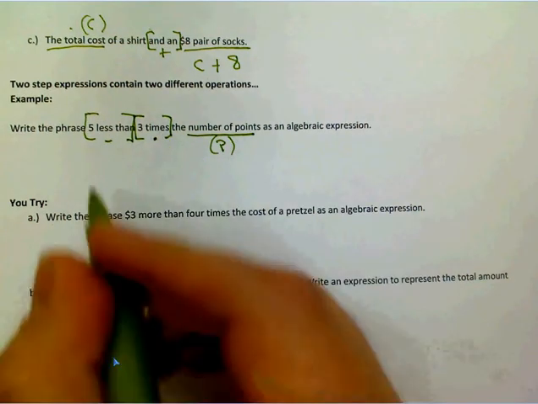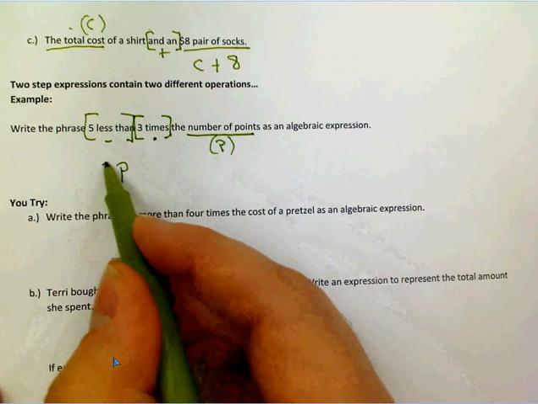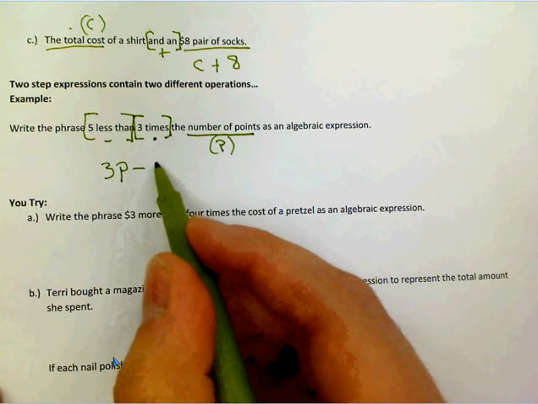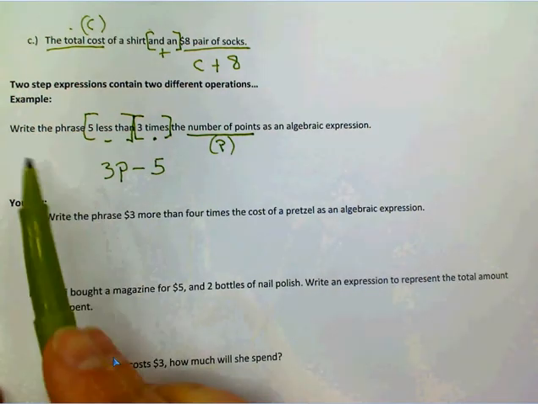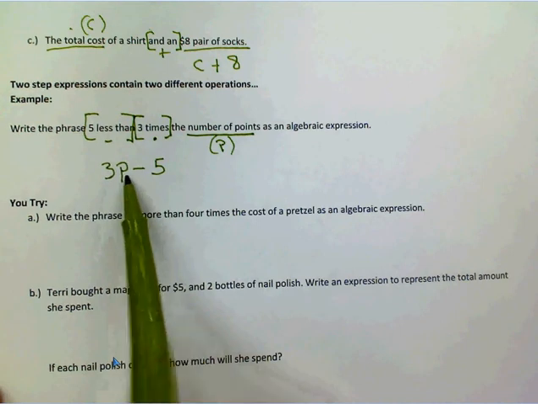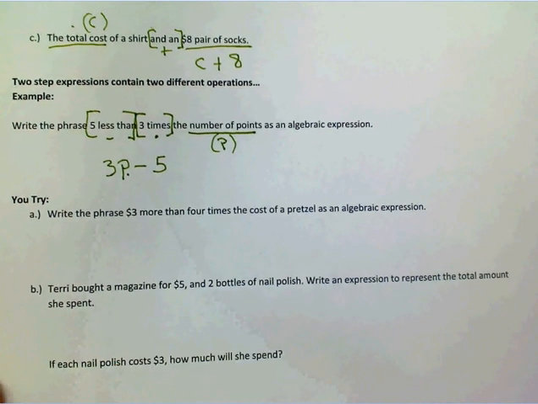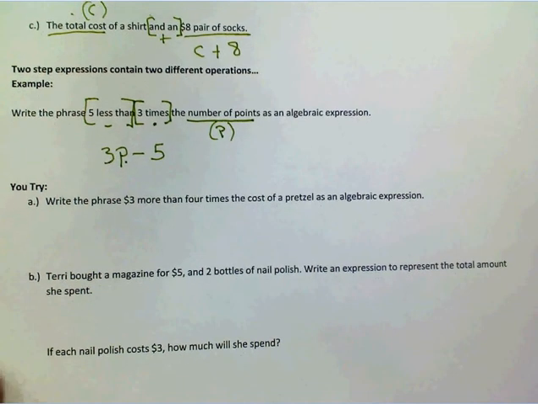So I have my number of points p, and it's 3 times that minus 5. Go ahead and give that a try. Pause the video, go through A, B, and B part 2.